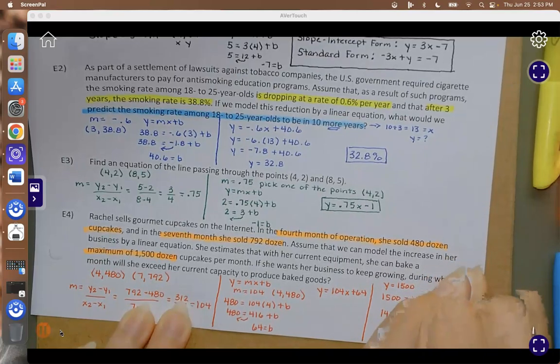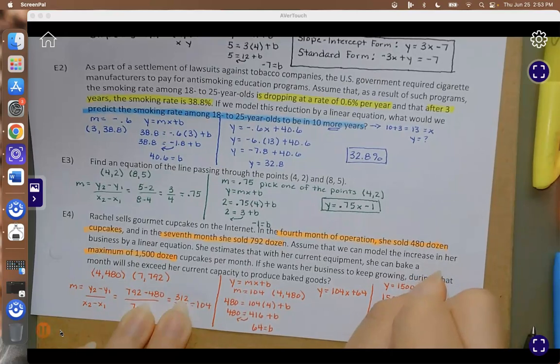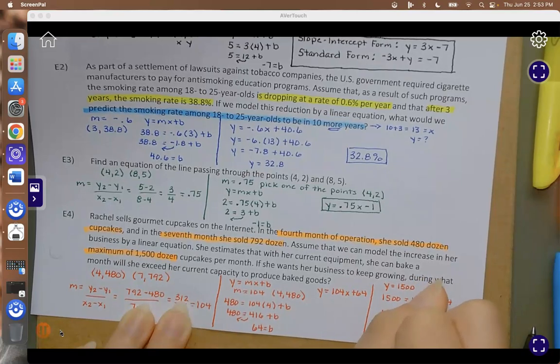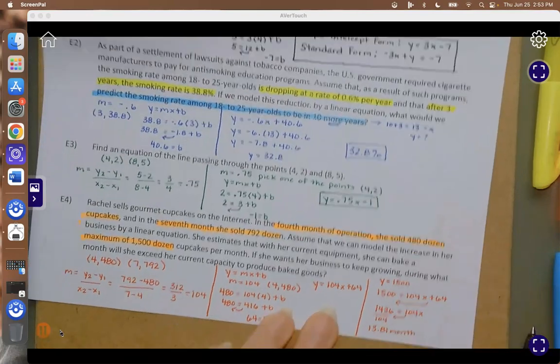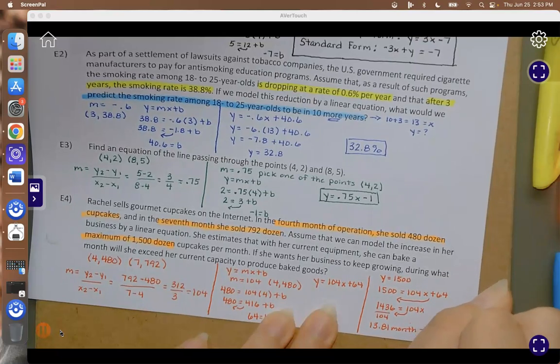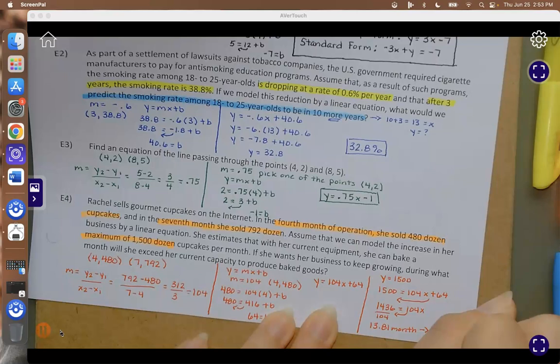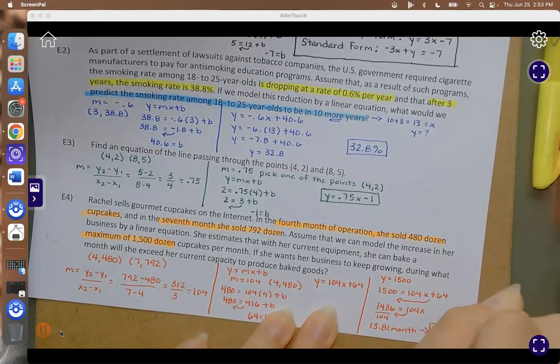Get our 1436. And we divide by 104. And you get 13.81 months. But you can't have part of a month. So when is this going to happen? In her 14th month. Okay.